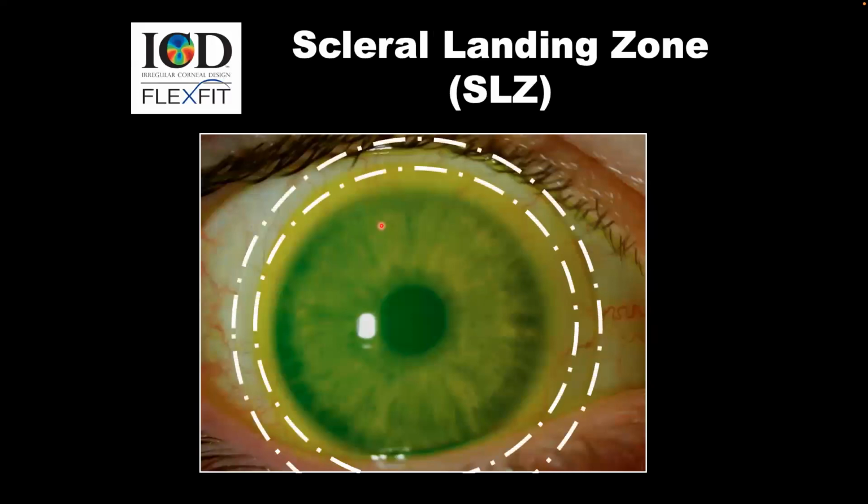And the scleral landing zone, of course, is where the weight of the lens rests. And just know, and that's something extra for the central clearance, having too much central clearance will decenter the lens and will create more pressure on the scleral landing zone, right? So that is why you have to maintain a good relationship over that of the central clearance.